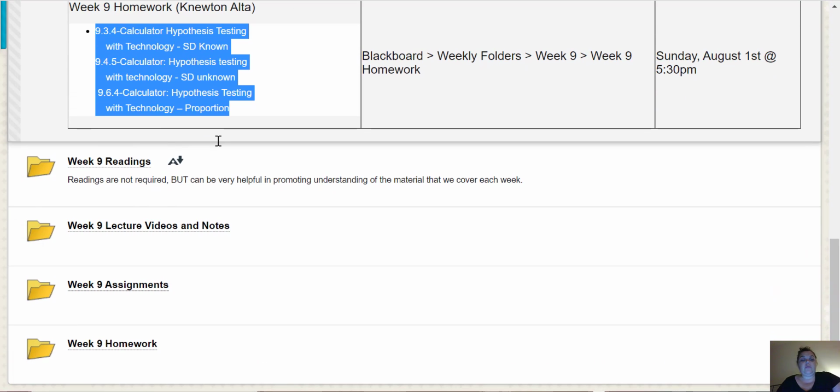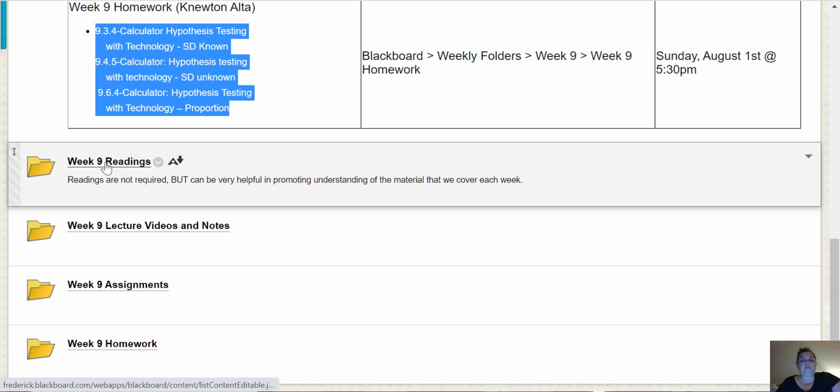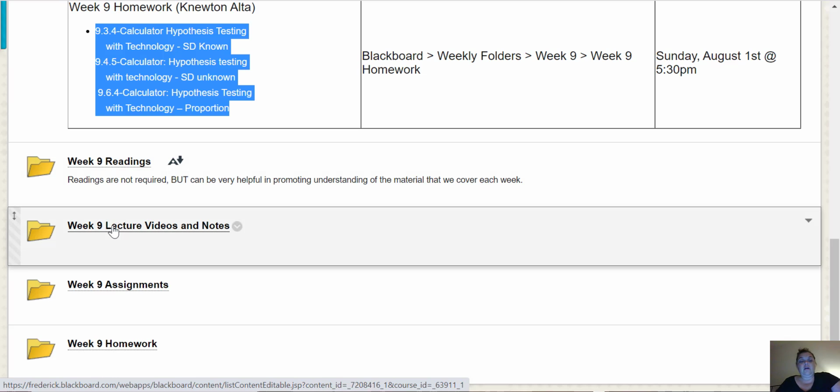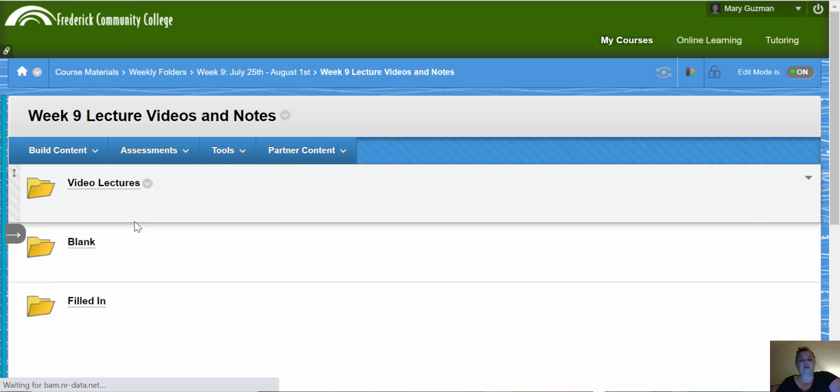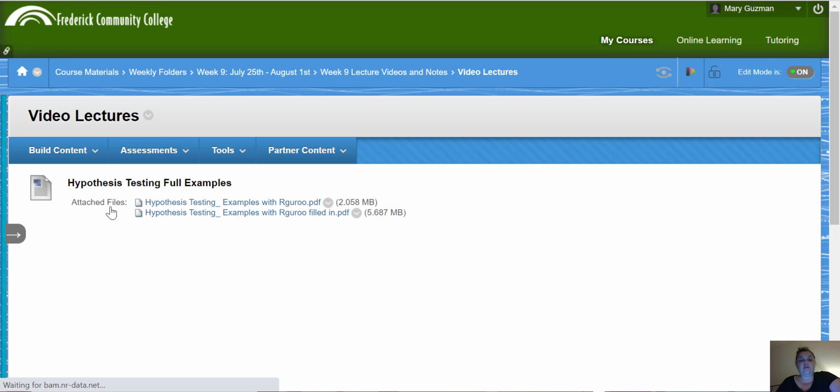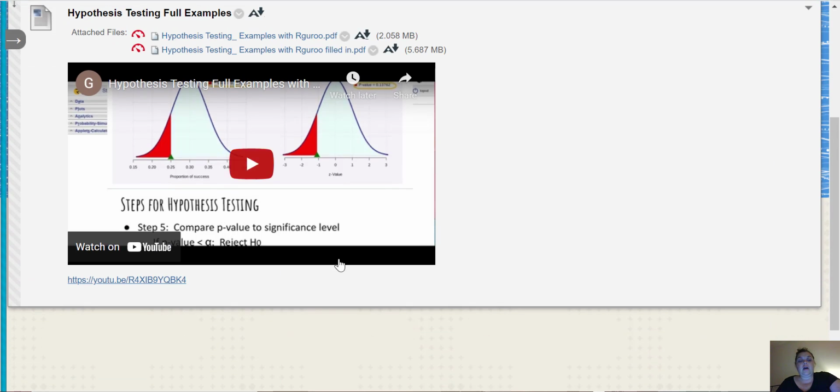So let's go through readings. This is chapter 9 in the OpenStax book. For lecture videos, you'll notice there's only one video. I told you guys in class that in the videos I worked the first 9 examples, and examples 10 through 18 I did not work, to give you guys the opportunity to work them.